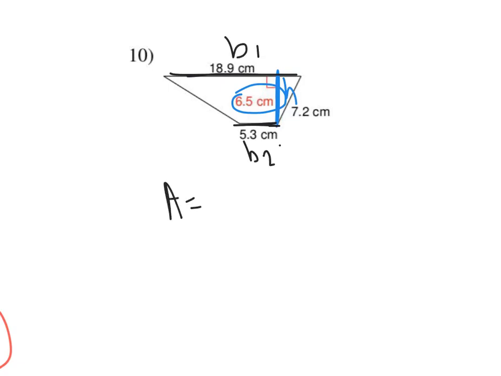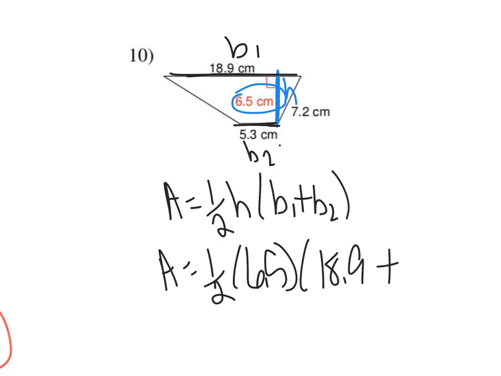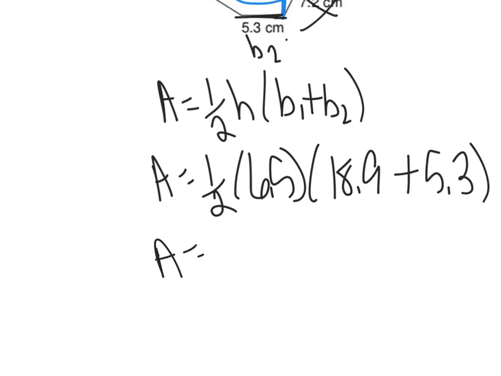If we use our formula, 1/2 the height times the sum of the bases, we get 1/2 times 6.5 times 18.9 plus 5.3. And that 7.2 is not needed, so we aren't going to use that. When you do inside the parentheses first, and then you multiply, you should get 78.65 centimeters squared.